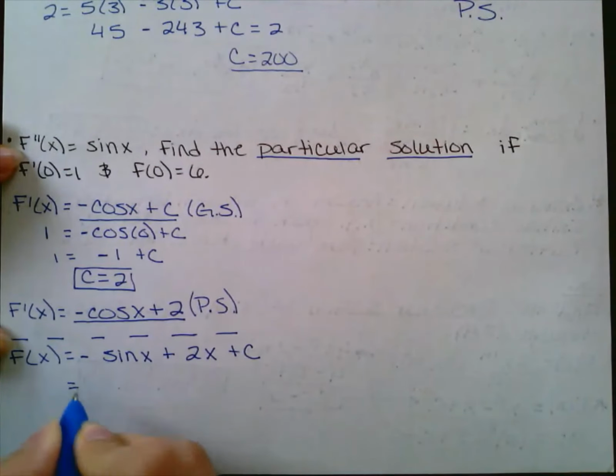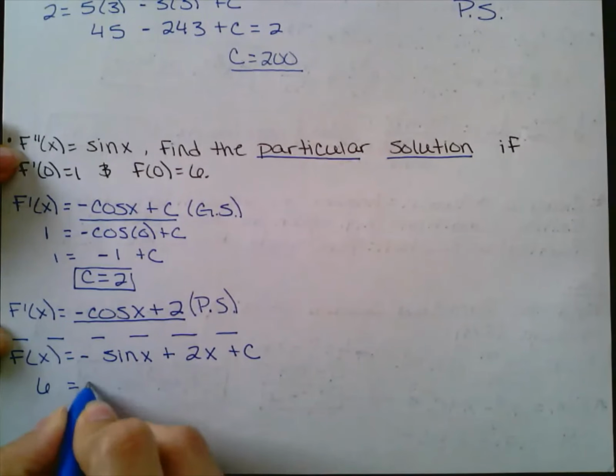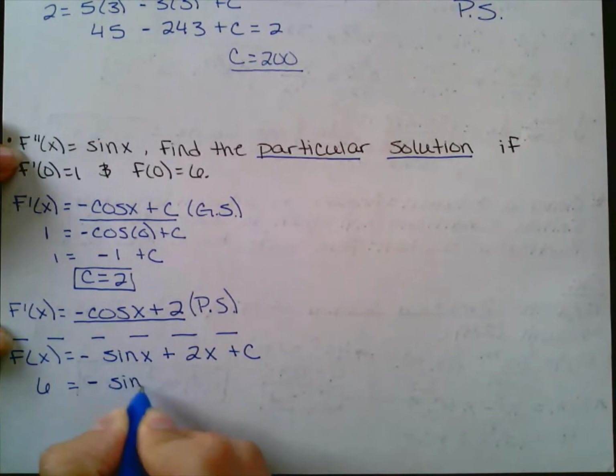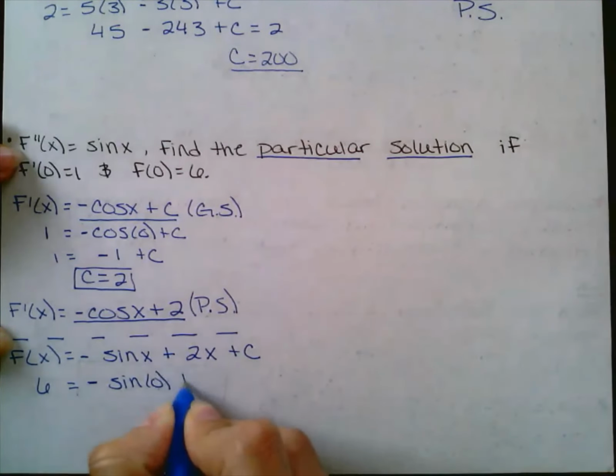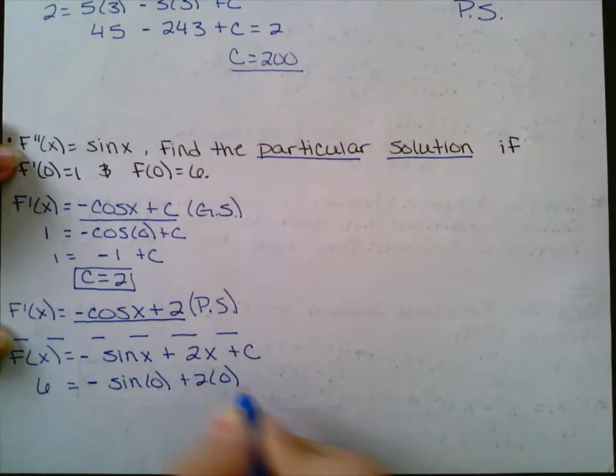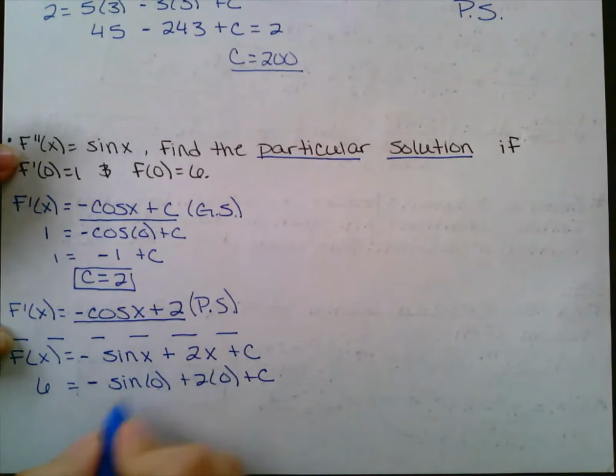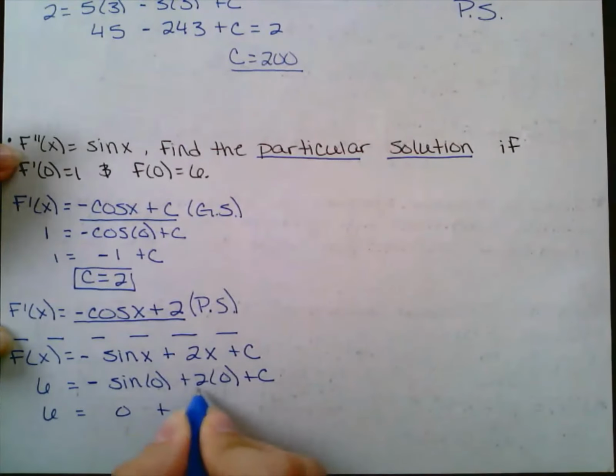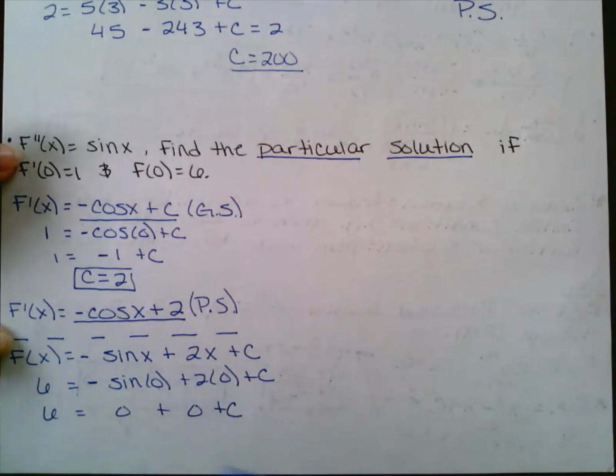So I can say that the whole thing is going to equal 6. And I have negative sine of 0 plus 2 times 0 plus c. Well, sine of 0 is 0. So I have 6 equals 0 plus 0 times anything is 0 plus c. So that means that c is 6.